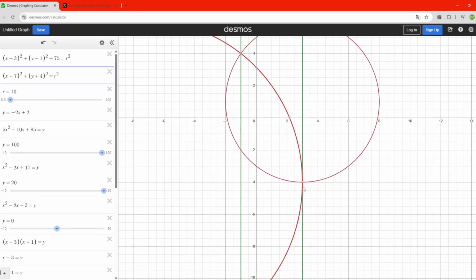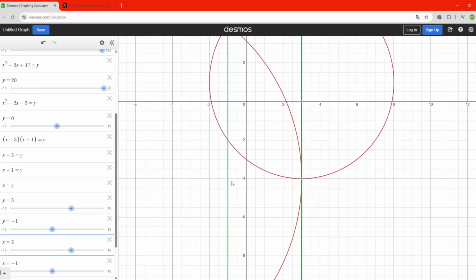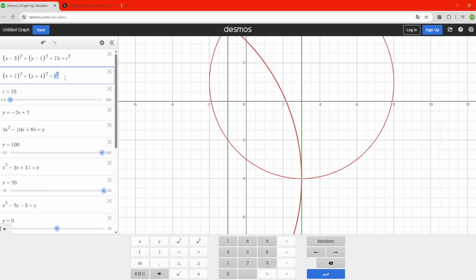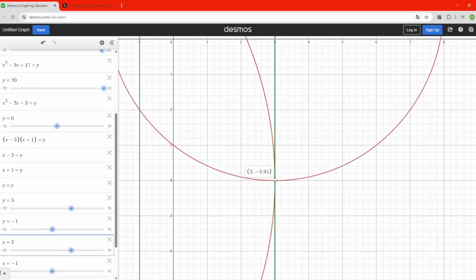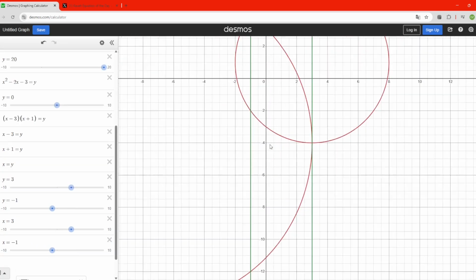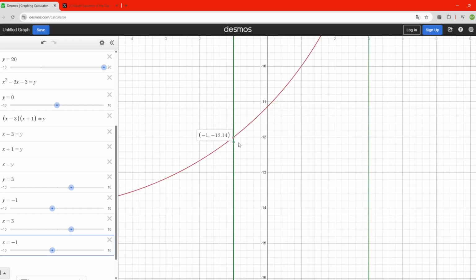With the bigger circle and the x equals 3 line specifically, if I substitute 3 in here, I'm gonna get 10 squared and r is 10, so that's gonna be 10 squared as well. I'm just gonna get left with the y term, so they are tangent, and I'm gonna get one solution. But with the other line, I'm gonna get the intersection and then another point on the first circle and another point on the second circle.